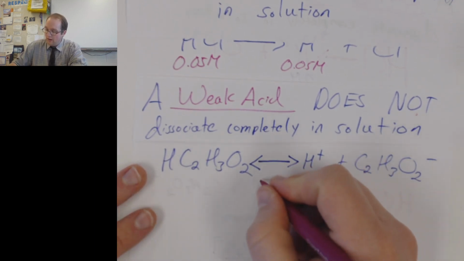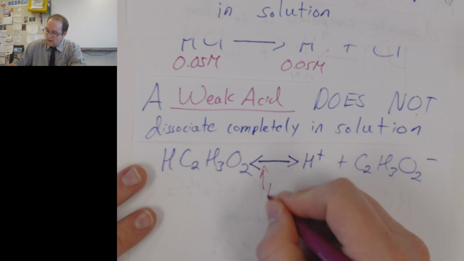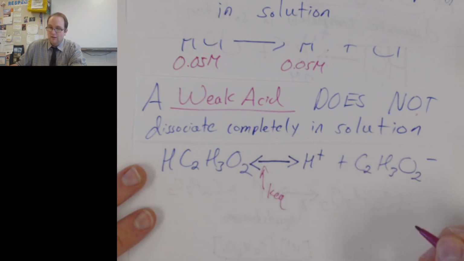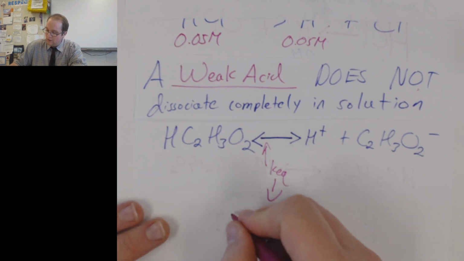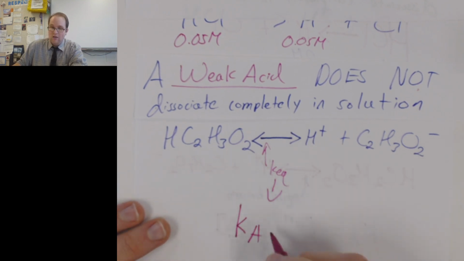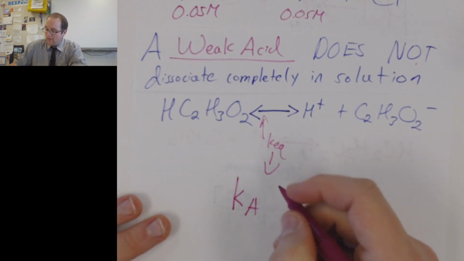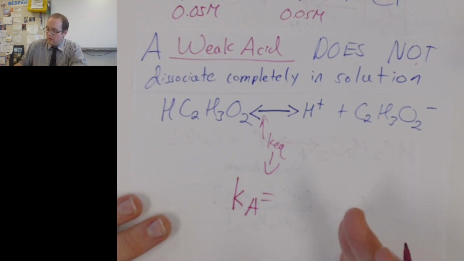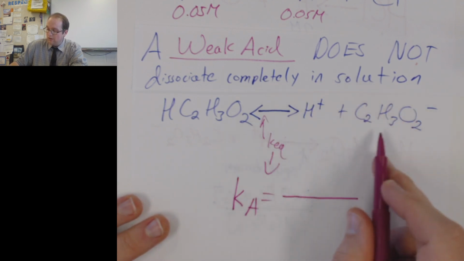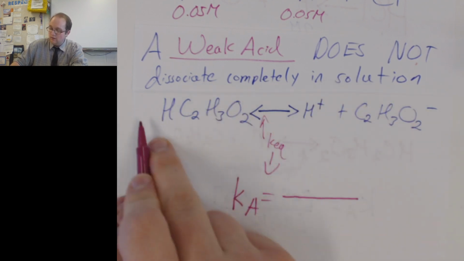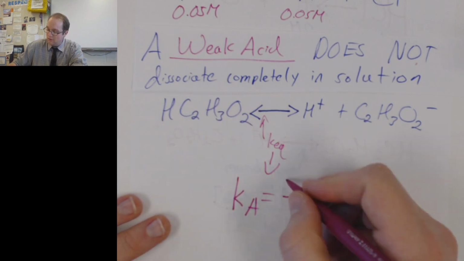Okay? Normally in other equations we would use things like Keq, but since we're dealing with acids, what we really want to use is a different type of constant called Ka. And the a here is standing for acids. And it's calculated and written just the same way as our Keq was. We're going to take the concentrations of our products and divide them by the concentrations of our reactants.